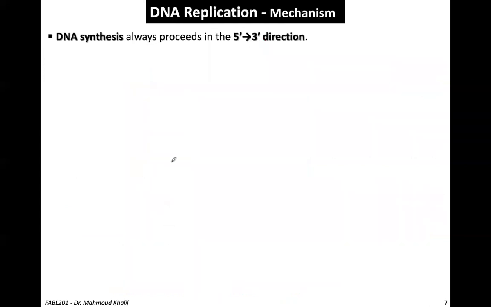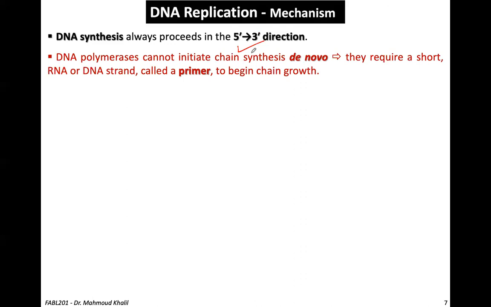So you need to understand that DNA synthesis always proceeds in the 5' direction, okay? And the enzyme responsible for synthesis of the DNA is called DNA polymerase. DNA polymerase has a major problem: it cannot initiate the synthesis of DNA de novo. What does de novo mean?